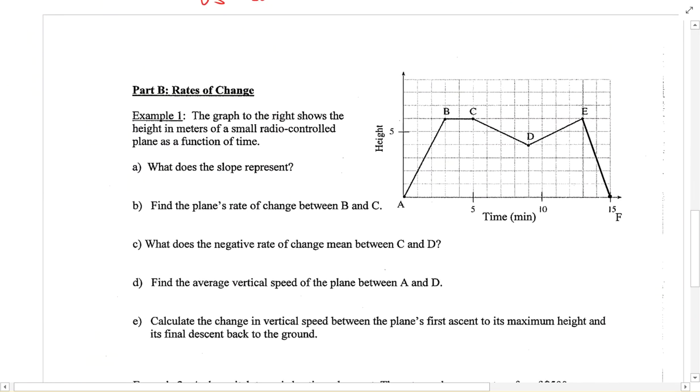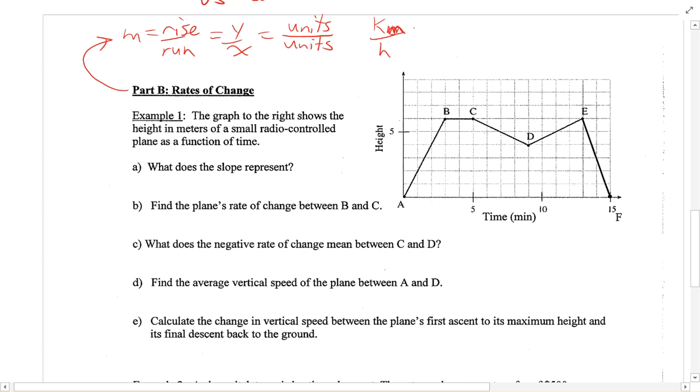So interpreting graphs, looking at rates of change. Remember with your rates of change, okay, it's going to be rise over run, which is your y over your x. And what you got to make sure for this one is you got to include units over units, because then you get some special ones like kilometers over hours, right?